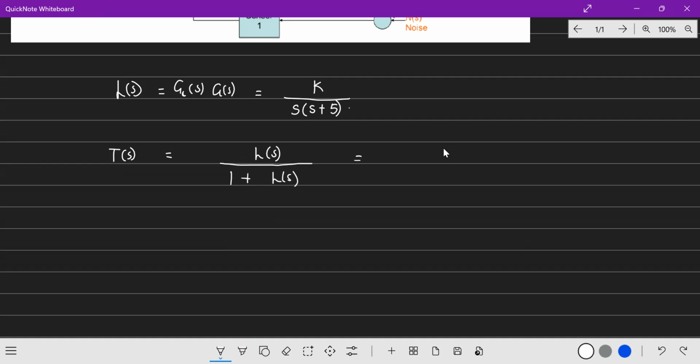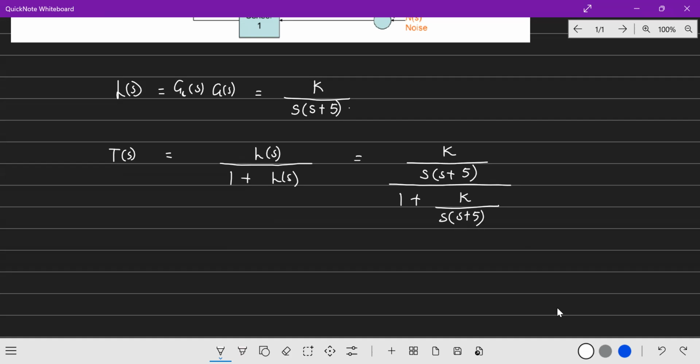Now let us substitute those values. So we have K divided by S plus 5 in the numerator, and in the denominator, you have 1 plus K over S plus 5.